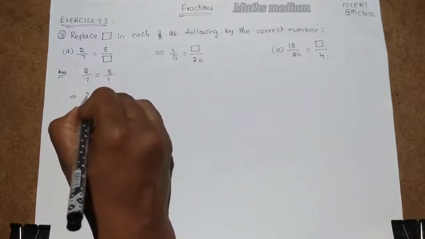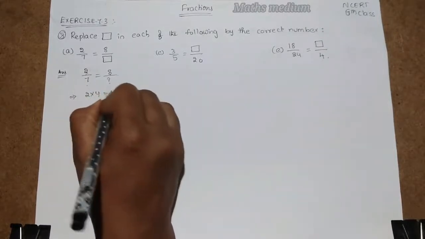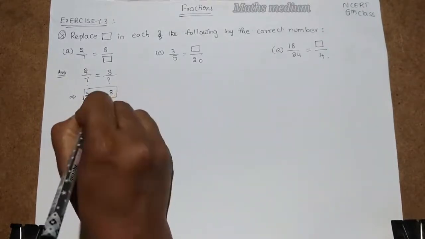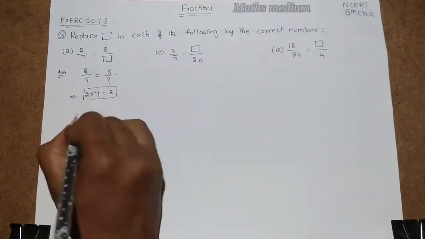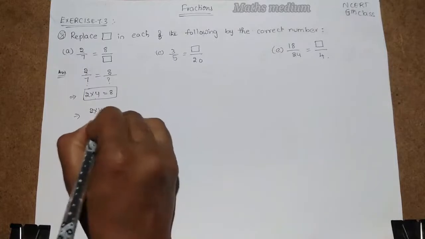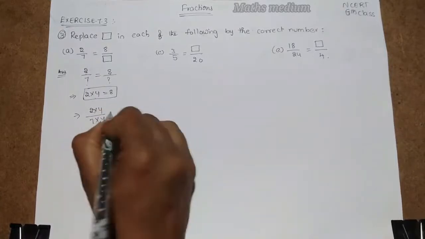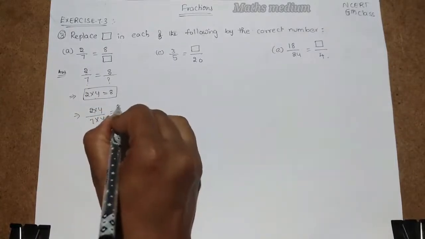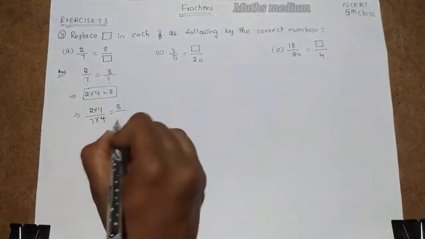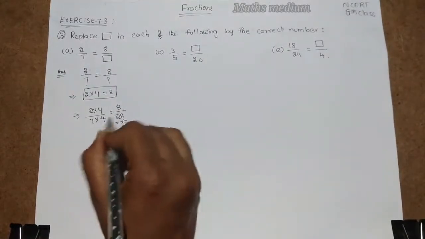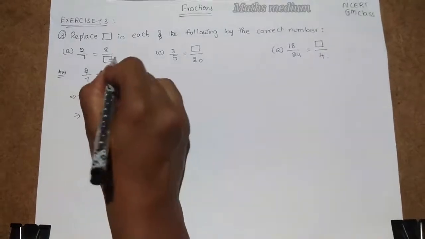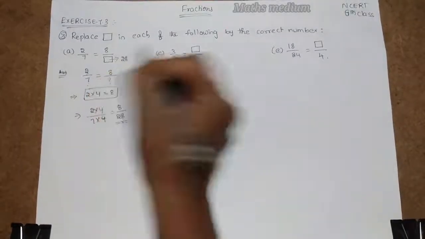So it is multiplied by 4 to get 8. In this manner, we have to multiply the denominator with 4 also. So similarly, 2 into 4 by 7 into 4. 2 4s are 8 divided by 7 4s are 28. So this is the answer for this question. In this box, we get the answer as 28.